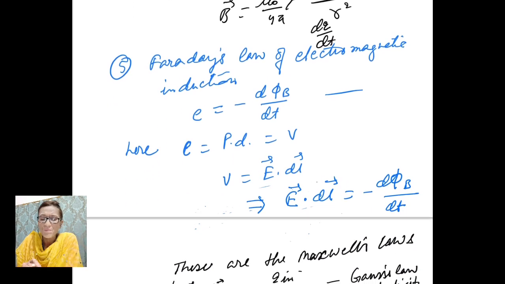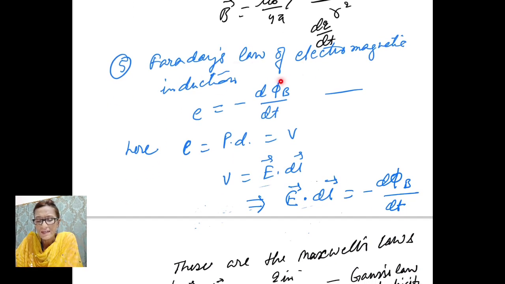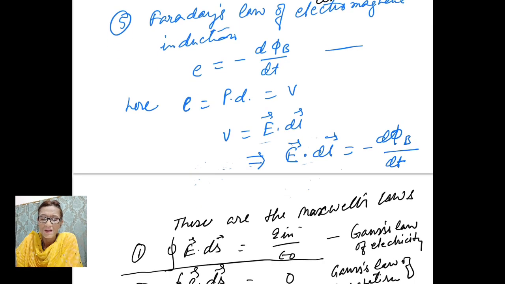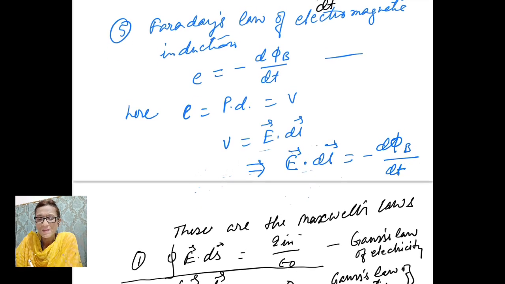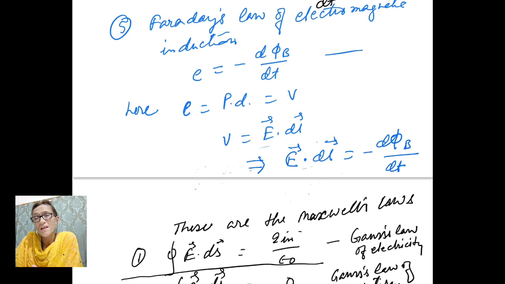Then came Faraday's law of electromagnetic induction. According to this, EMF induced is equal to minus the rate of change of magnetic flux. But we know from our electrostatics chapter that EMF is nothing but potential difference.